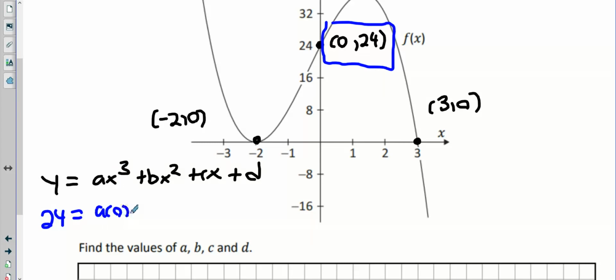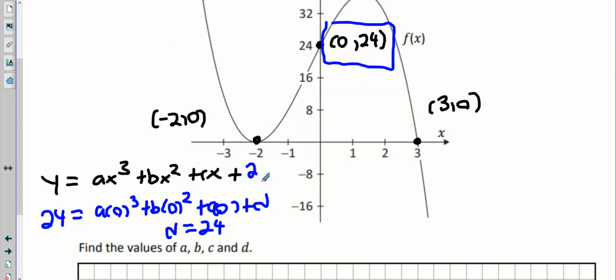A times 0, B times 0, C times 0, and they're left with D. What's D then? D is 24. Okay, D has successfully been obtained. You happy enough with that? Sub in 0 for the y value and sub in for the x value and see what happens. We all cool?